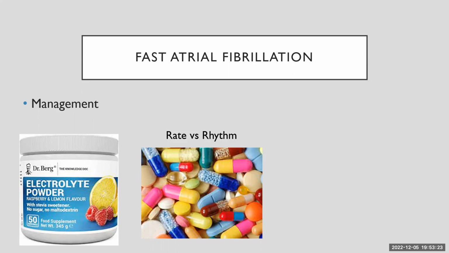Whereas perhaps more commonly, I think, the feeling is to try to re-achieve sinus rhythm. And for that, combinations of beta blockers and amiodarone are the common go-to drugs for regaining sinus rhythm.